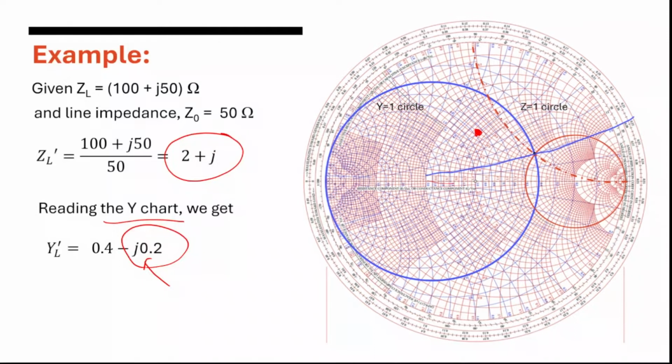But if the point is below the middle line here, the imaginary value will be positive j. This is because the Y Smith chart is the flipped and rotated version of the Z Smith chart.